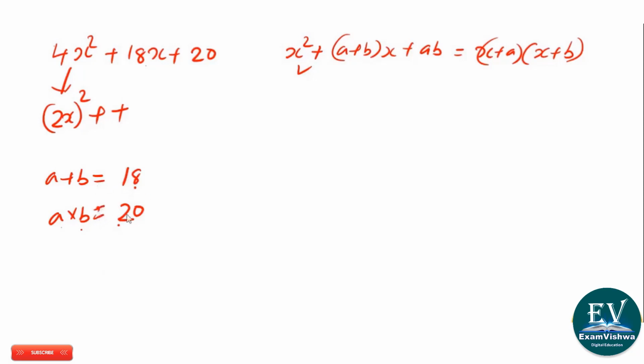On doing this, it was found by the mathematicians that just finding a into b equal to 20 does not solve the situation.